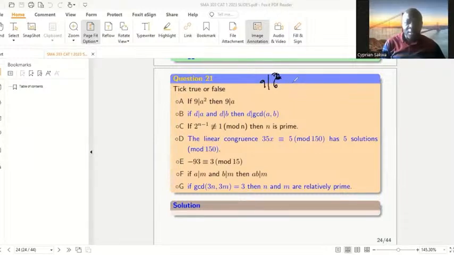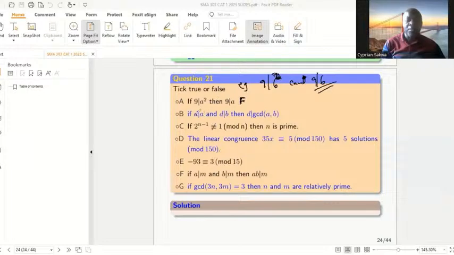But can 9 divide 6? It cannot. This is false. I've just taken an example to show that it's false. 9 can divide 6 squared, but we cannot divide 6. So this statement is false.